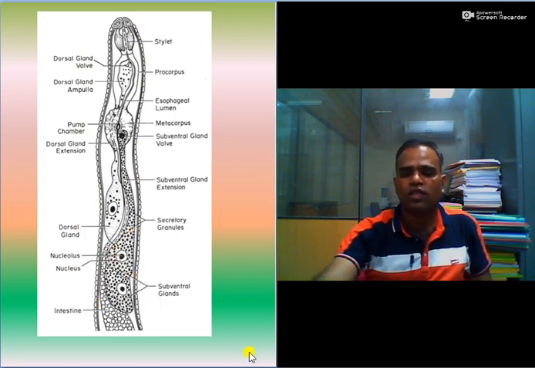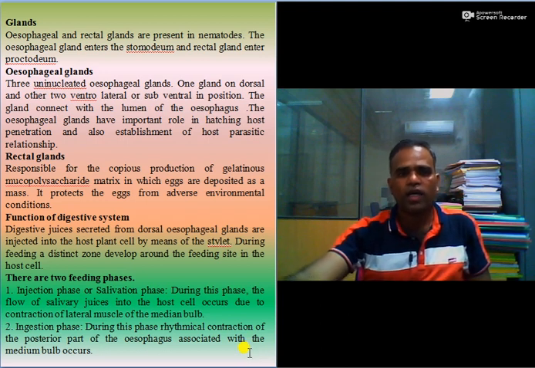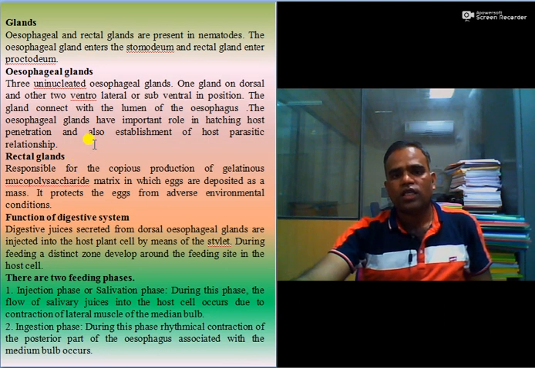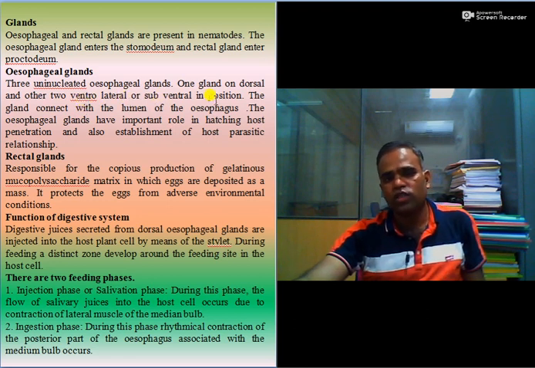So let us see the functions of the esophageal glands. These are three glands which are uninucleated, one gland on the dorsal side and two ventrolateral or subventral in position. The glands connect with the lumen of the esophagus.